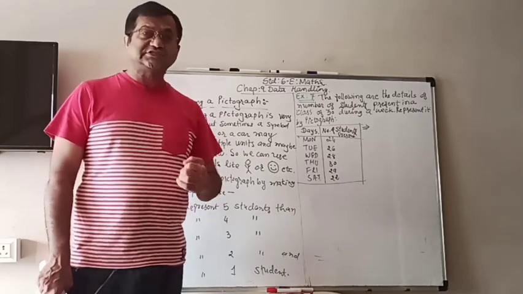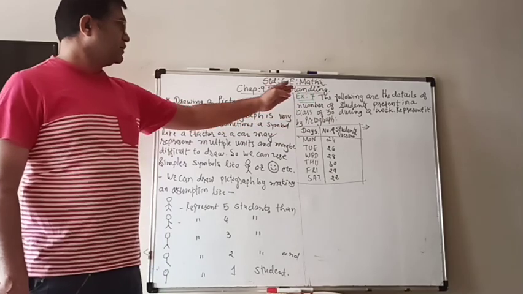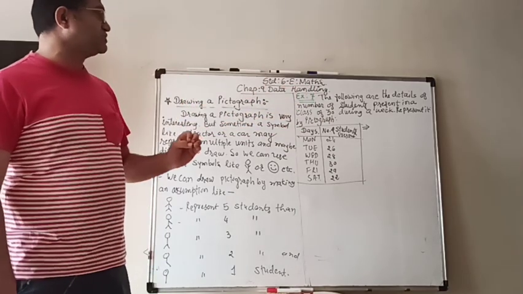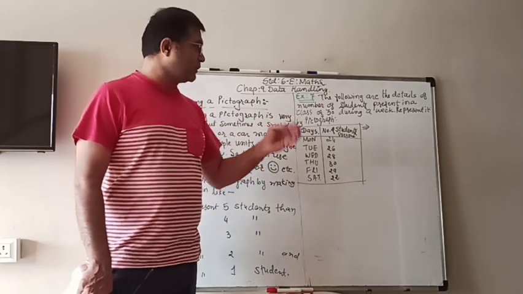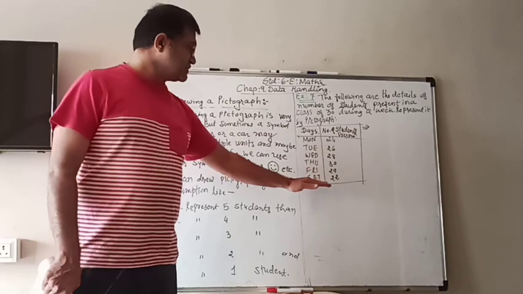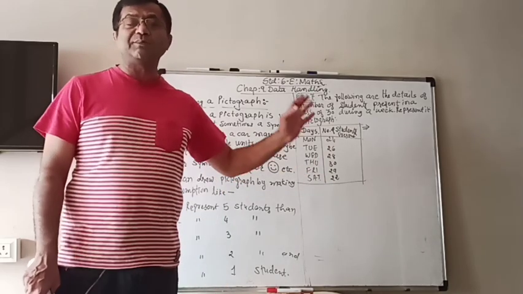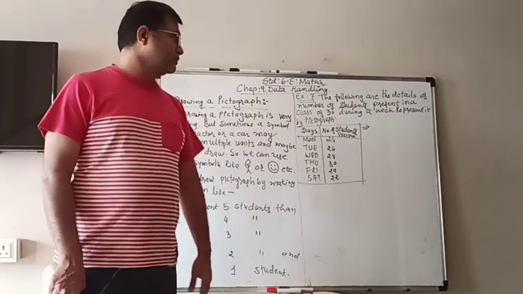Let us understand this with an example here. The following are the details of the number of students present in a class of 30 during a week. Means from Monday to Saturday, how many students out of 30 were present is shown here.